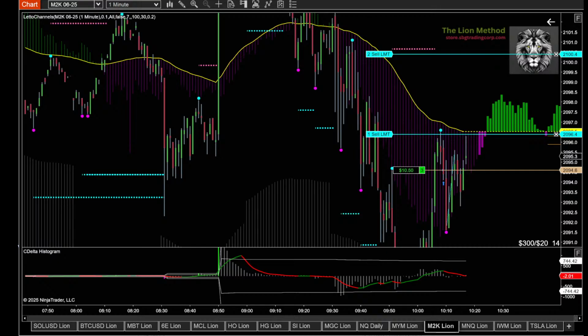Who loves the drama of a good trade? That is a doji, huh?